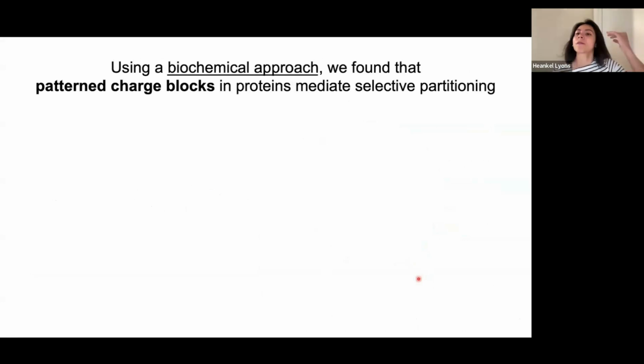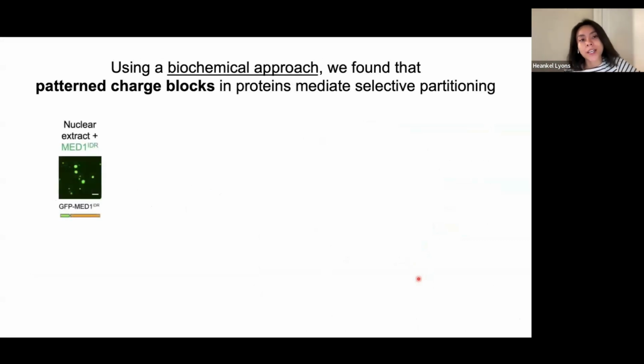So I'll share with you one approach we use to learn about the rules of specificity in condensates. And this is already published, so I'm going to gloss over the details, but basically we focus on MED1-IDR as a case study. And so MED1 is a subunit of a coactivator. And work from my advisor showed that if you purify the MED1-IDR and you mix it with nuclear extract, it forms condensates.